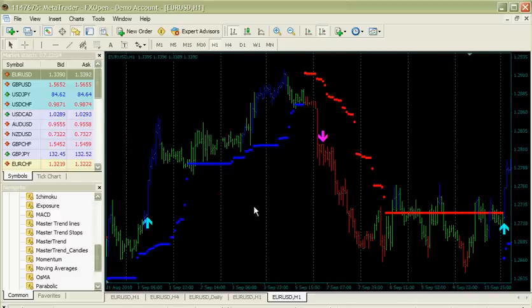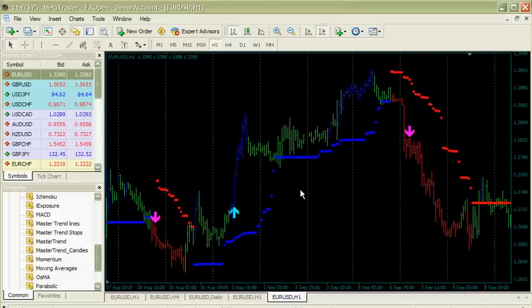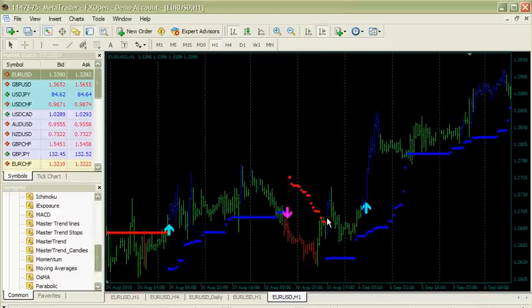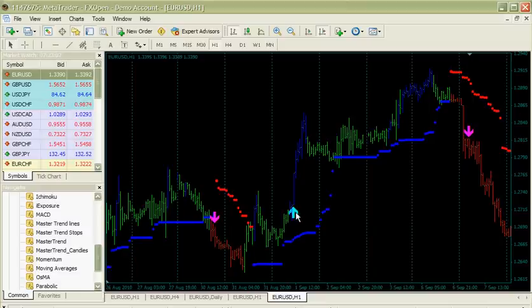All you have to do is follow the two main rules. The first rule is you have to have a buy signal or a sell signal, and if it's a buy signal, you have to have a blue dot below it.